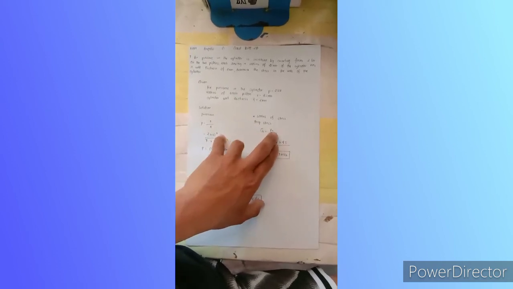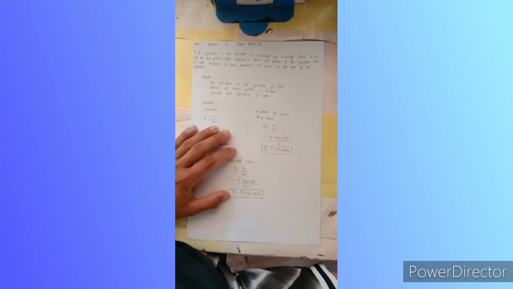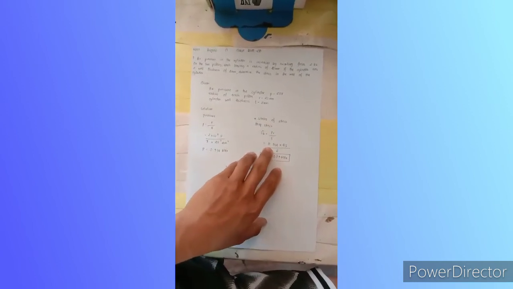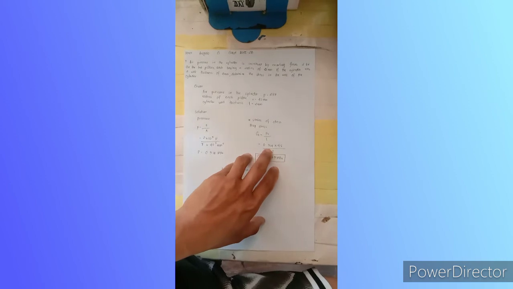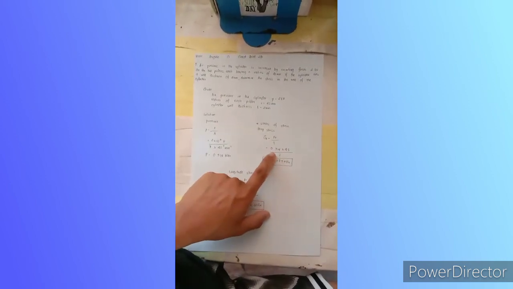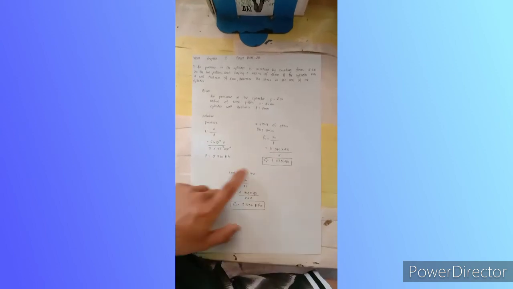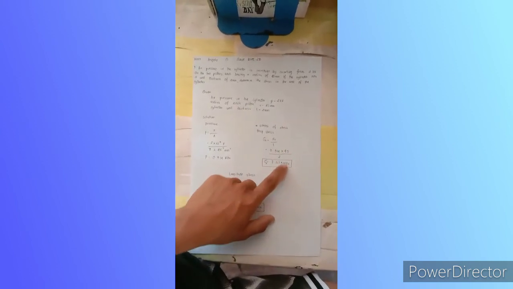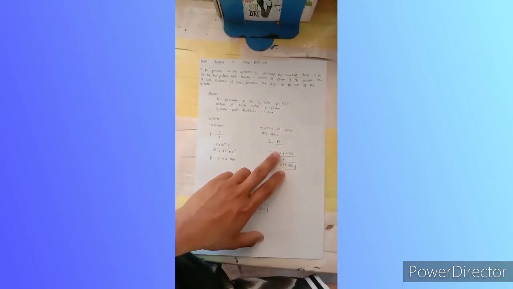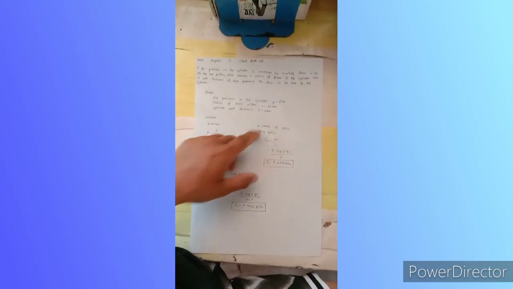Our stress at H is equals to PR all over T. So our PR is equals to 0.314 times 45. Our P is 0.314. So times 45, our radius, all over T, 2 mm, the thickness.